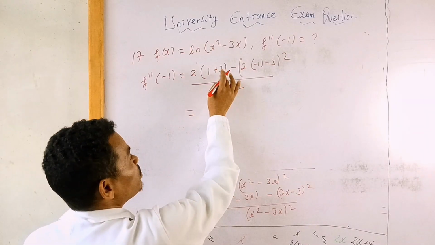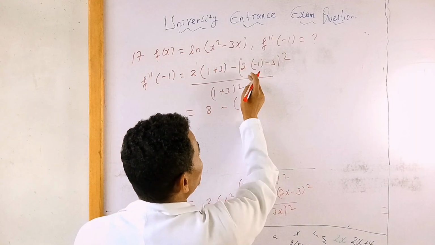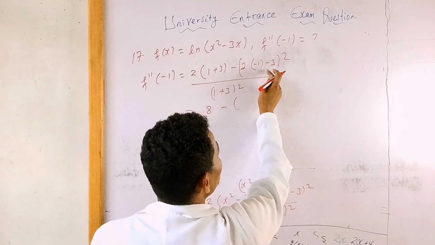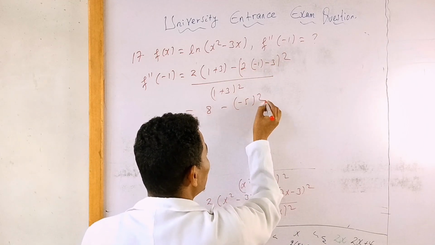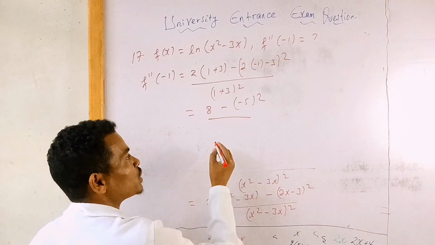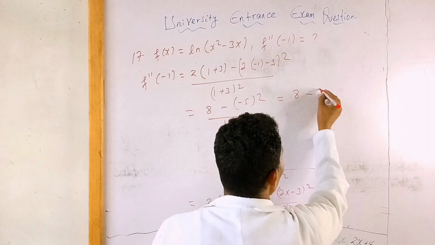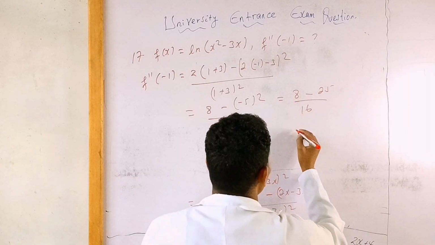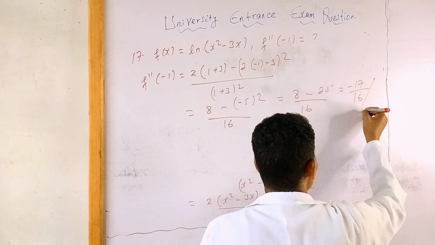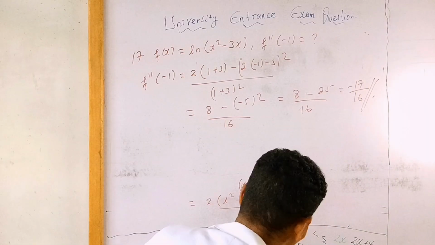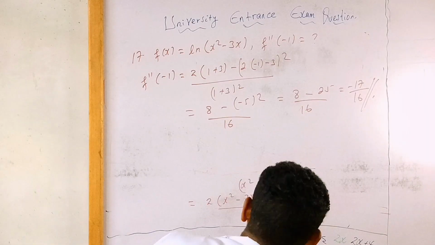That is 1 plus 3 is 4, 4 times 2 is 8, minus 2 times minus 2 minus 3, that is minus 5 the whole square, over 4 square is 16. This equals 8 minus 25 over 16, which is minus 17 over 16. So question number 17 is minus 17 over 16, which is option 8. Okay.